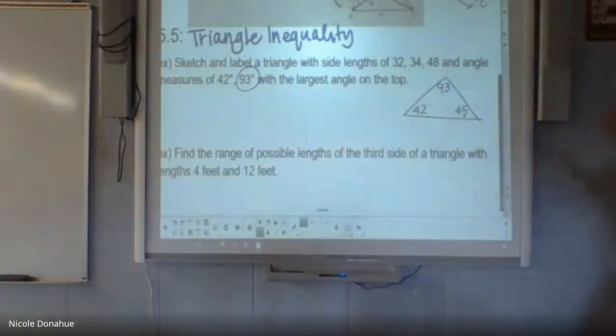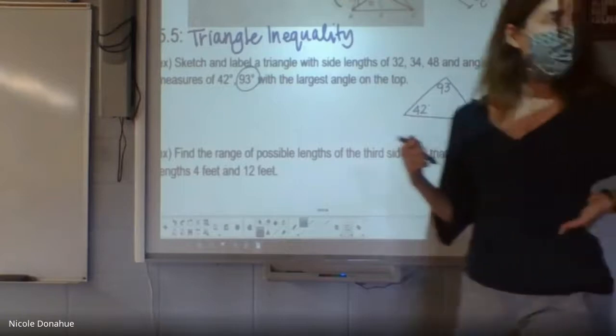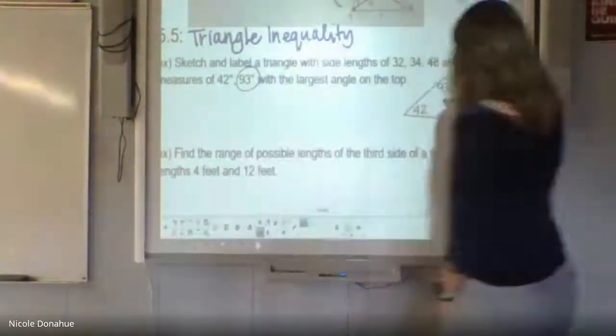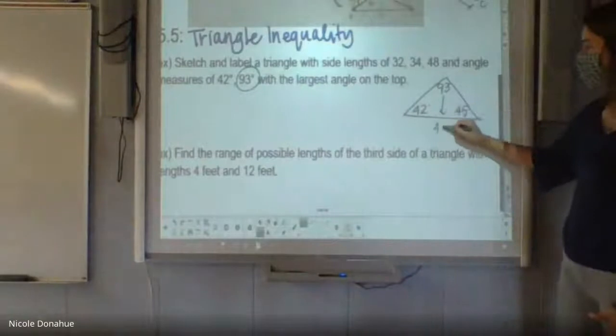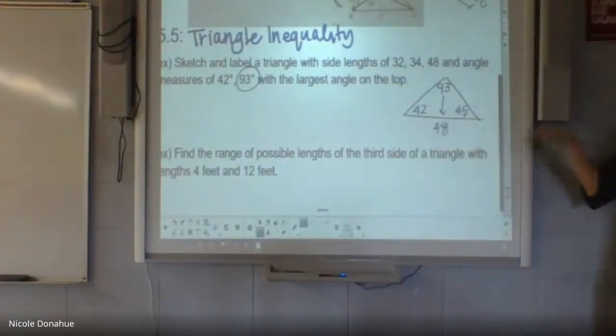Alright, so now I know where all my angles are. The side lengths should be able to be labeled based off of the angles. So what do you guys want to put where? What do we know? Sammy, do you know? 48 would be on the bottom because it's the longest side, so it should be across from the biggest angle. So 48 would be the length of this side.